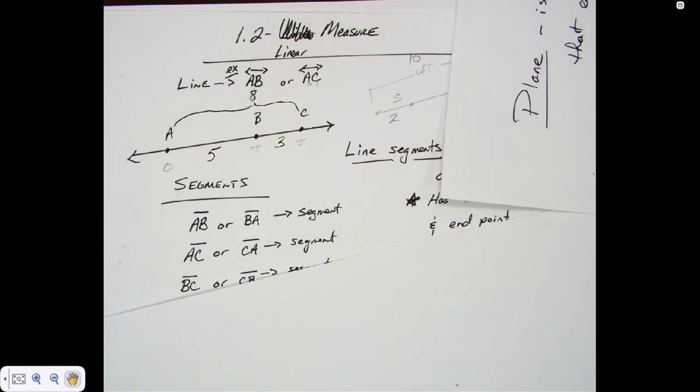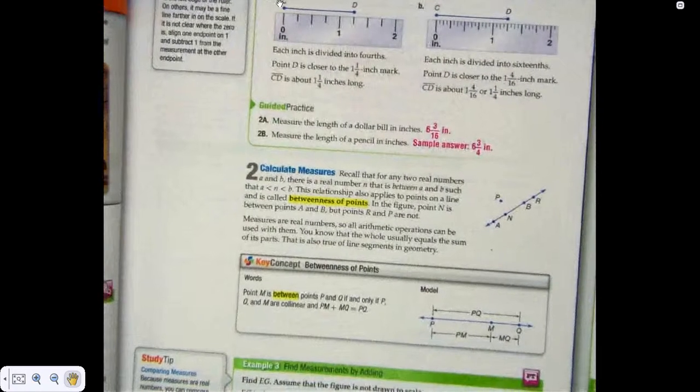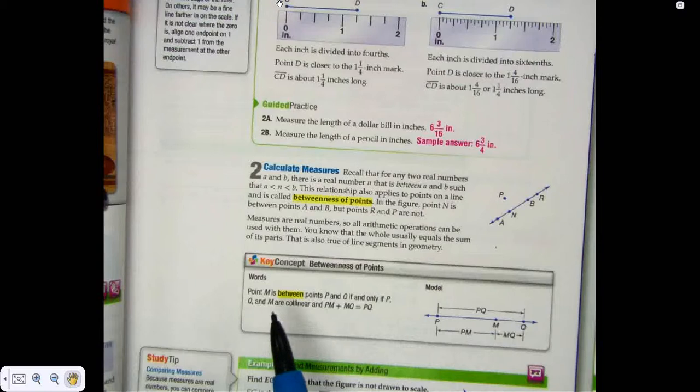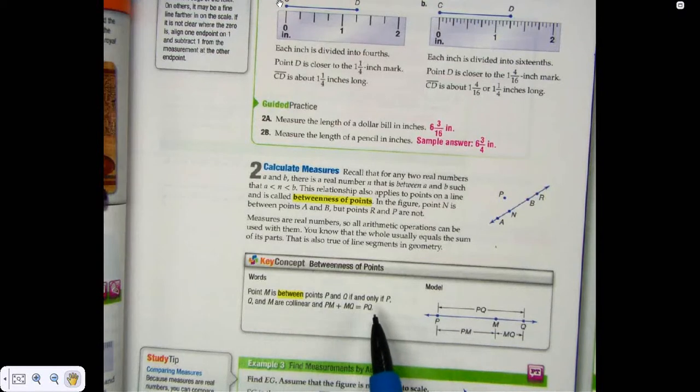What we just talked about was the definition of betweenness. Betweenness of points. Look down there, the key concept. I mean, let's be honest. Let's read this. Point M is between points P and Q if and only if P and Q and M are collinear and PM plus MQ is equal to PQ.